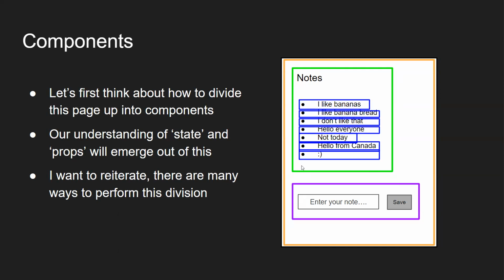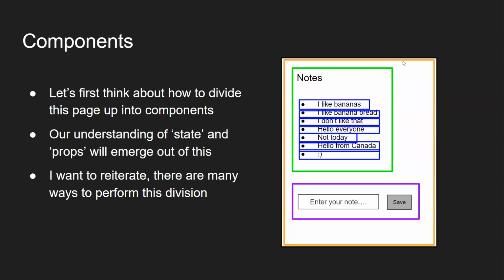Maybe this green box can be our notes, and maybe the purple box is a component that handles our input. And then each blue box is an individual note, so we have a component for every individual note that's inside of the notes.